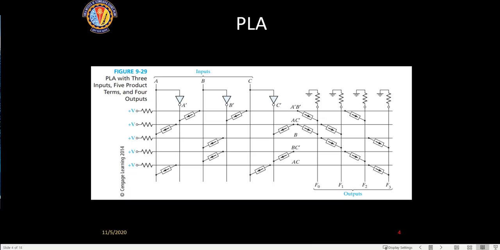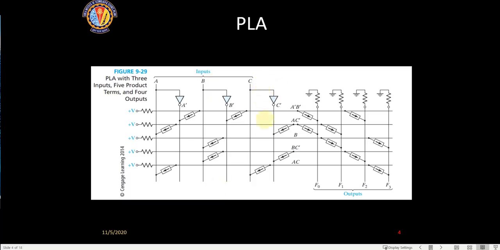Sir, how will we change the diodes in case we want to change the output? No, I told you, PLAs, once you program it, it will give you a fixed function. Suppose this is temperature, this is oil pressure, and this is the on off switch input.